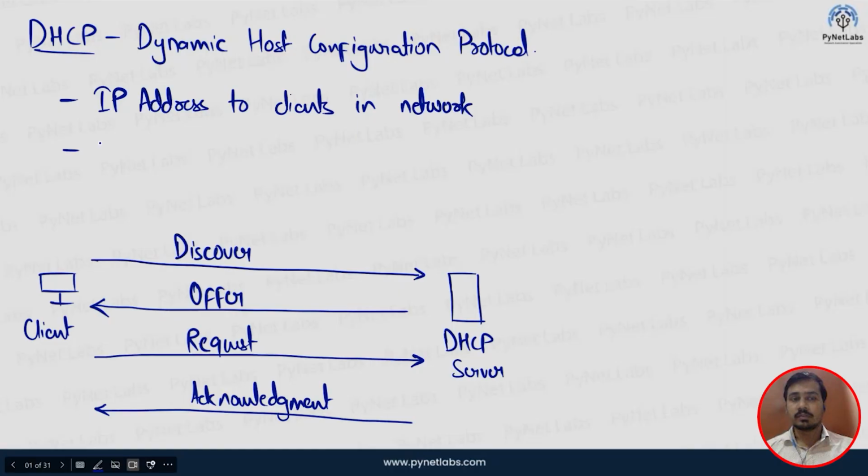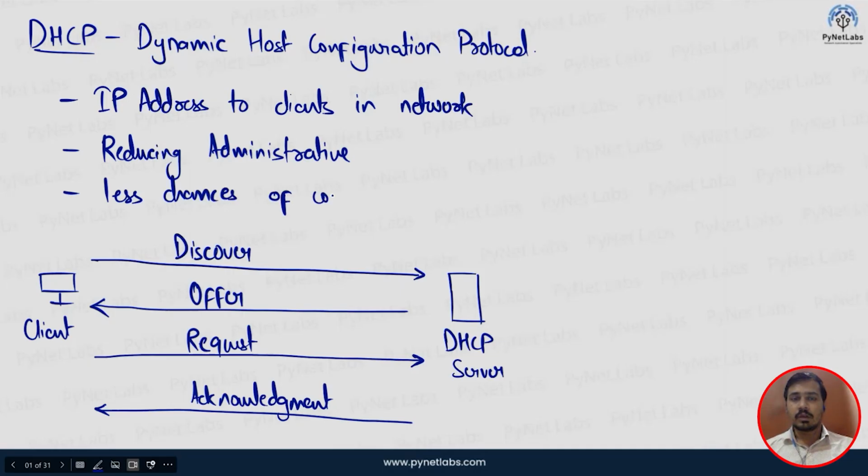DHCP automatically assigns IP addresses. It also helps us in reducing administrative time. You don't have to configure multiple PCs on your network with a valid IP address configuration; in place of you, DHCP does the work. It automatically assigns IP addresses to all of your hosts, and there is less chance of configuration error.